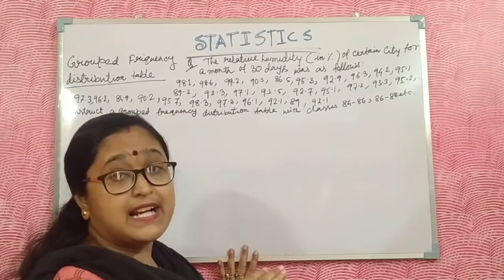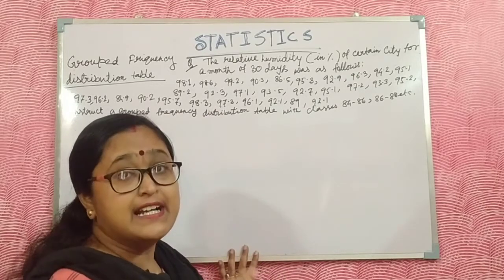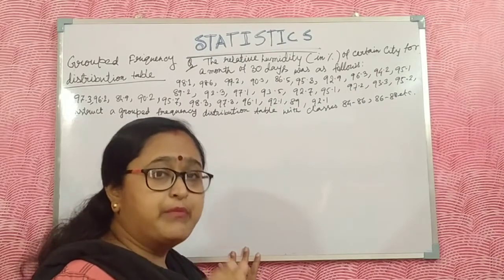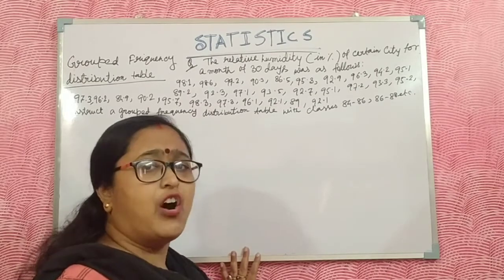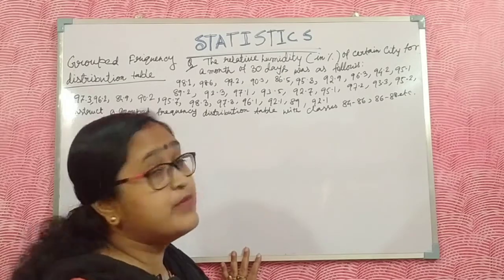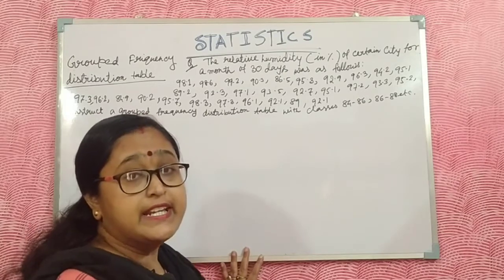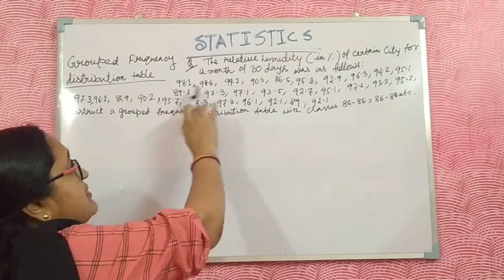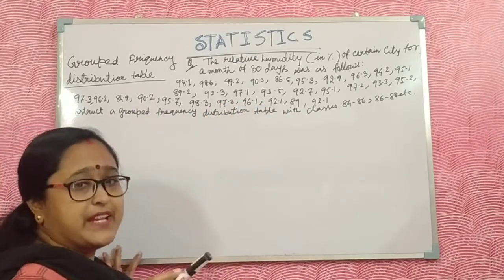This is a collection of secondary data. We collect the relative humidity in a month of 30 days from any media or anywhere, in percentage.